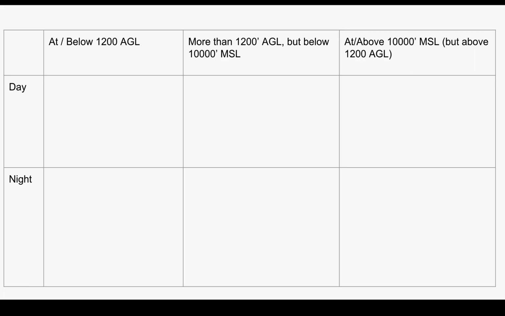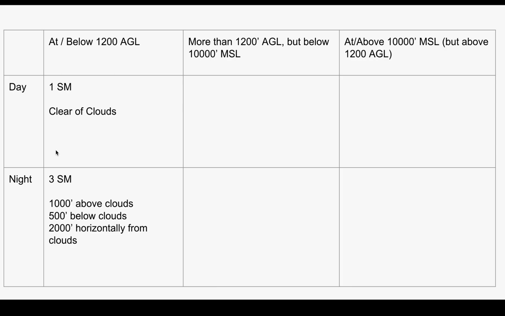All right, here we go. If you're at or below 1,200 feet AGL, so 1,200 feet above the ground, it's 1 statute mile and clear of clouds during the daytime. At night, it's 3 statute miles with the 152 rule: 1,000 above, 500 feet below, 2,000 feet horizontally.